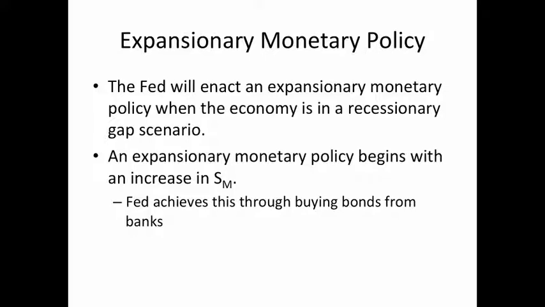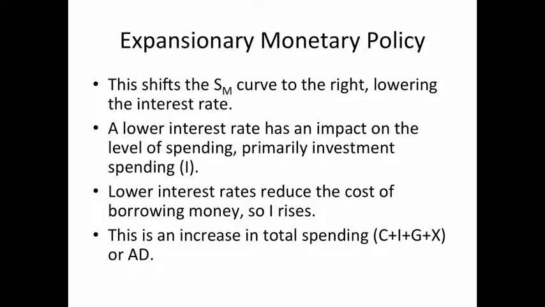So to summarize expansionary monetary policy, the Fed enacts an expansionary monetary policy when the economy is suffering from a recession, and it begins with an increase in the money supply. And that's created by the Fed buying bonds from banks. That increases the money supply, shifts the supply of money curve to the right, and that lowers the interest rate.